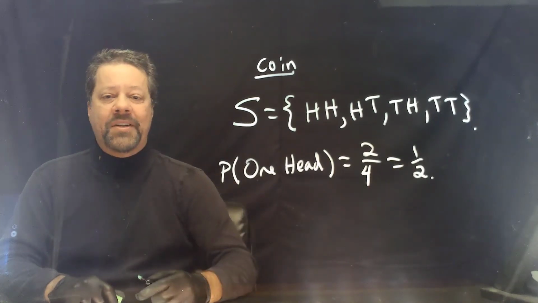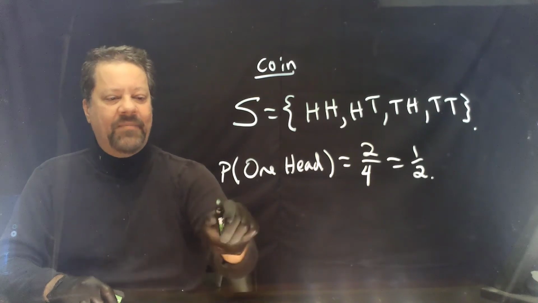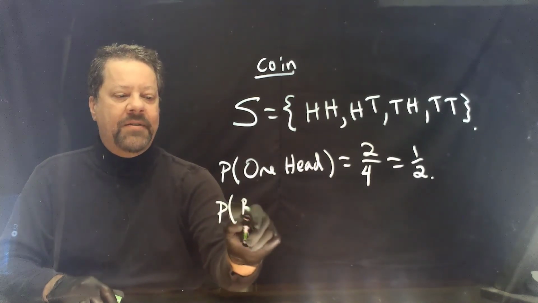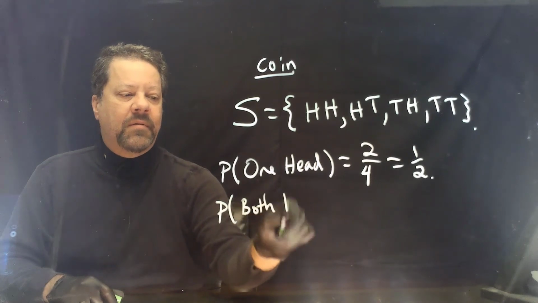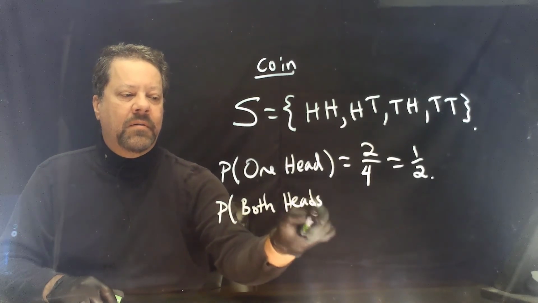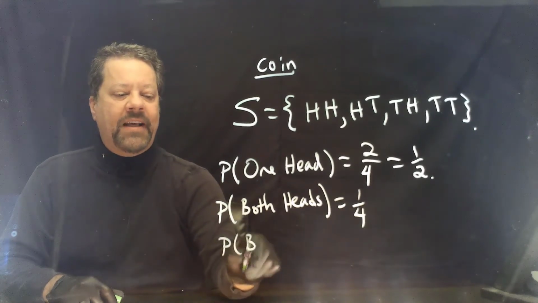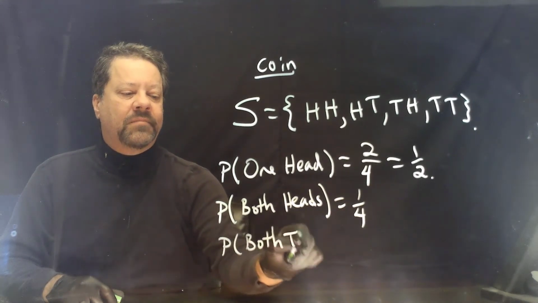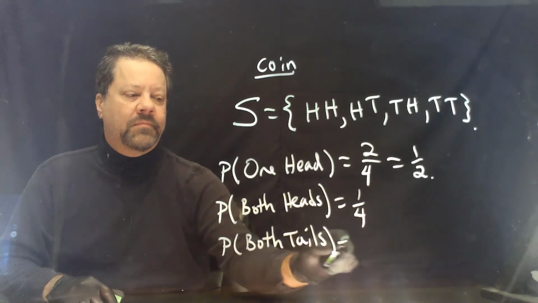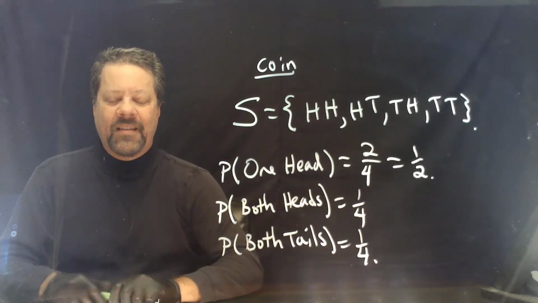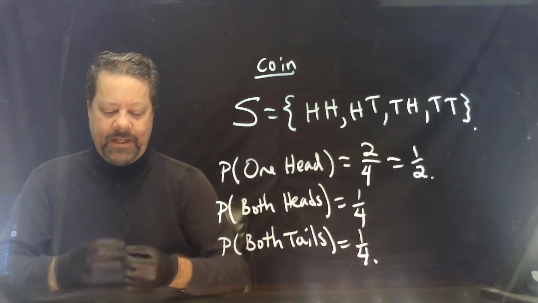There's a 50% chance of getting exactly 1 head. The probability of both heads is 1 in 4, and the probability of both tails is 1 in 4.